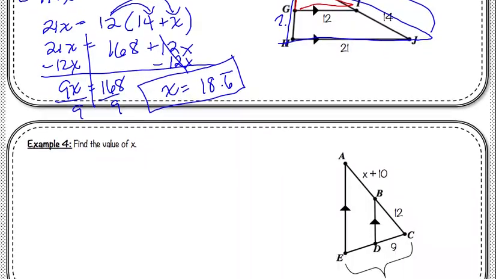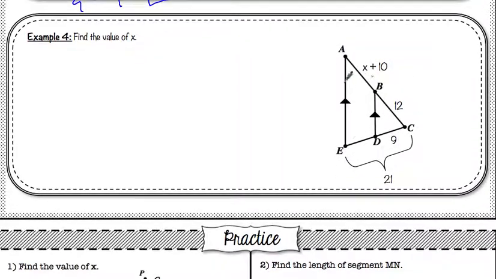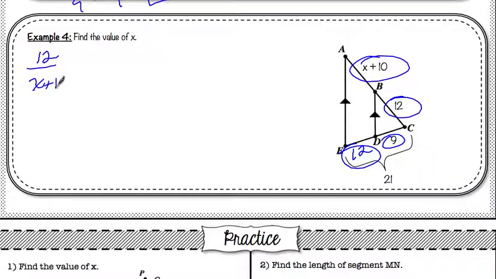Okay, we've got one more example. I'm going to look at this one and see, do I have 1, 2, 3, 4 numbers? Well, I'm missing this one, ED, just subtract 21 minus 9, and I get 12. So I've got the 4 numbers that I need. So I'm going to set up 12 over x plus 10 equals 9 over 12. Then I'm going to cross multiply. 12 times 12 is 144.